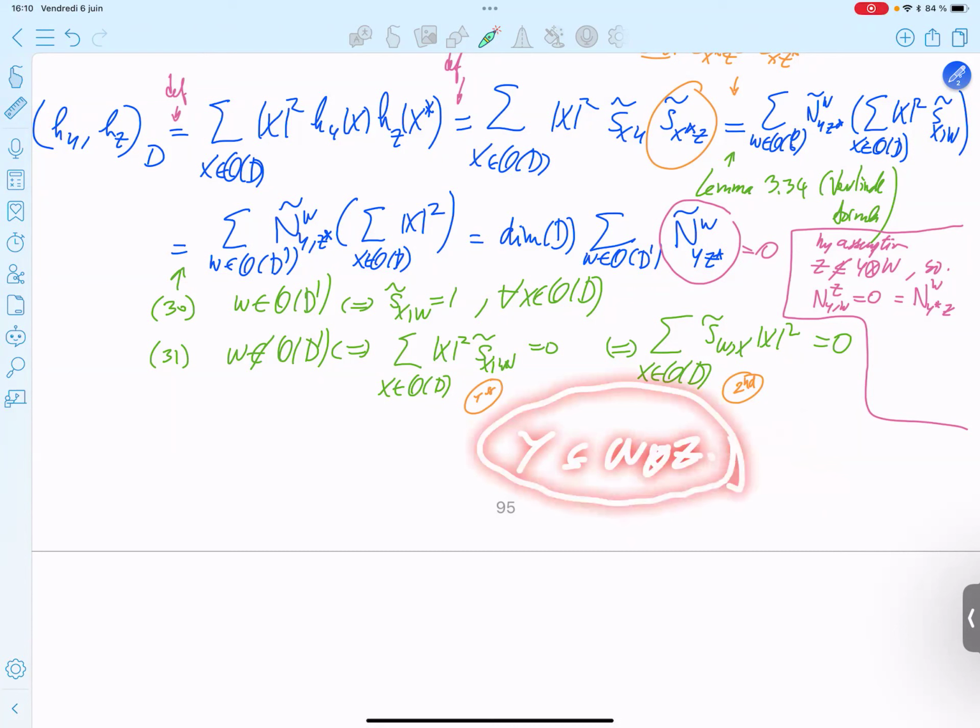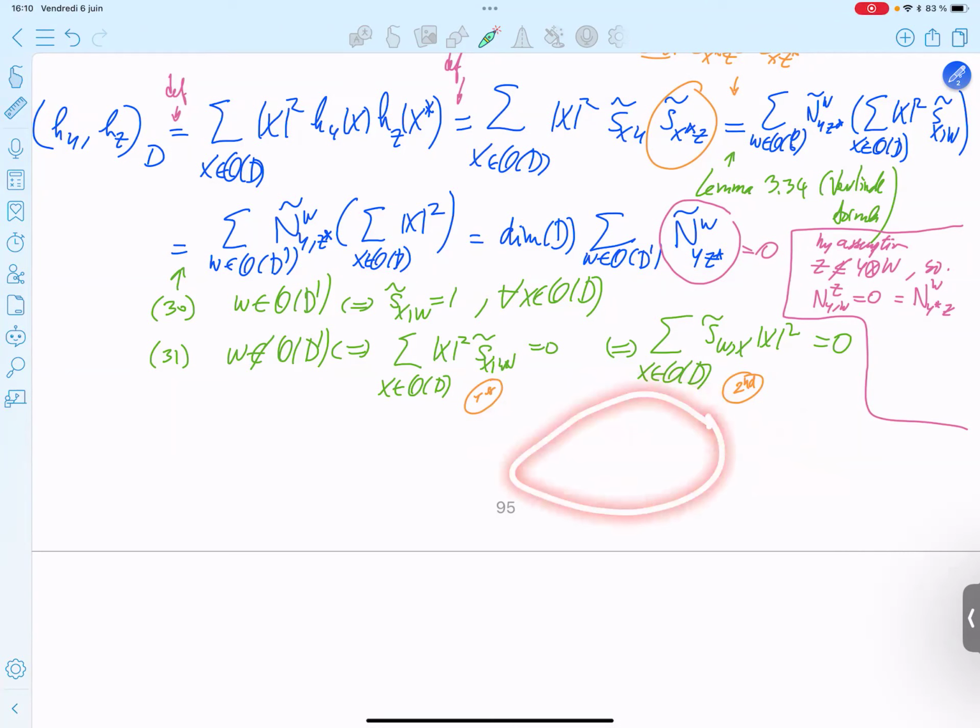Okay. But it is braided, so the tensor is... we should not write this way. Okay, so I will erase that.